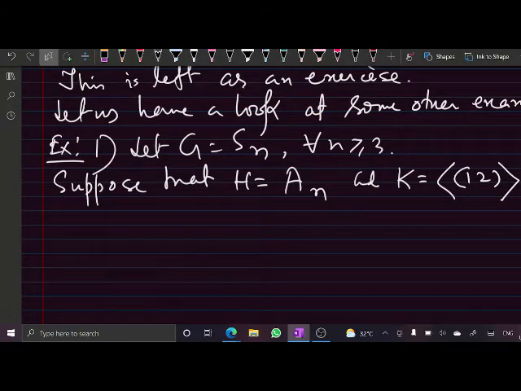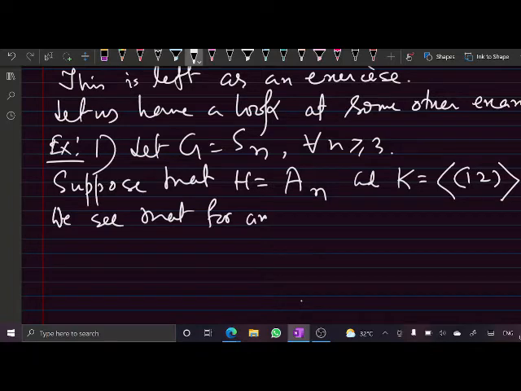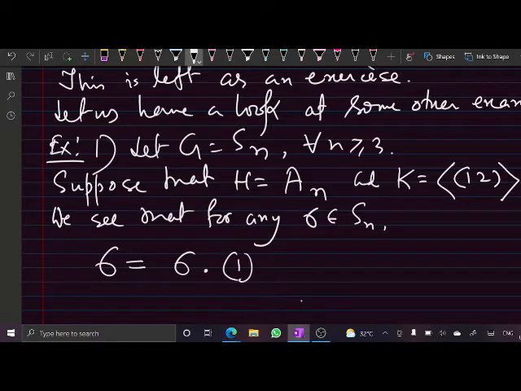Now you see that any permutation sigma in Sn can be represented as sigma times the identity permutation if sigma is an even permutation.